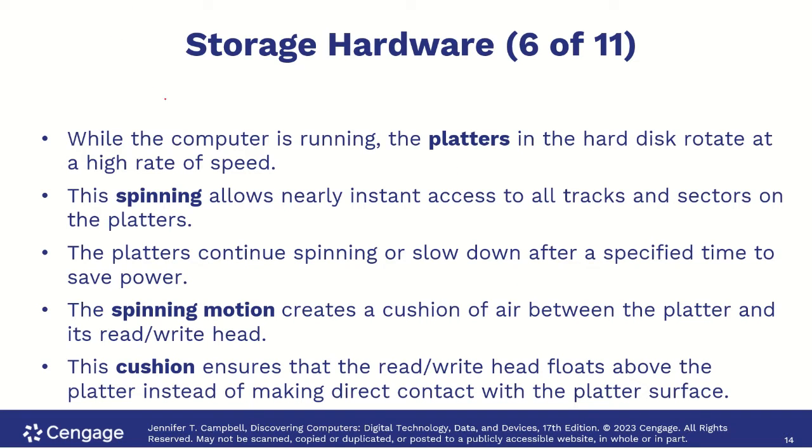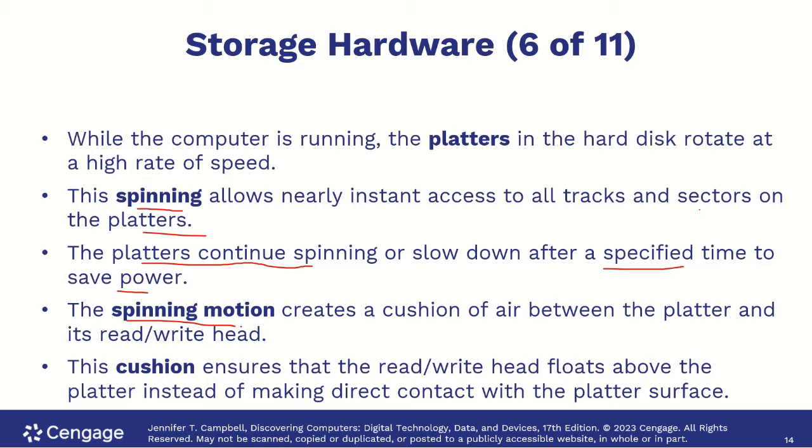While the computer is running, the platters in the hard disk rotate at high speed. So that causes the spinning, right? This spinning allows nearly instant access to all tracks and sectors on the platters. The platter continues to spin or it may slow down after a specific time to save power.